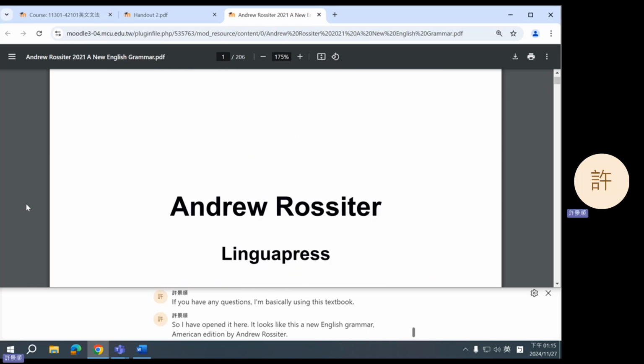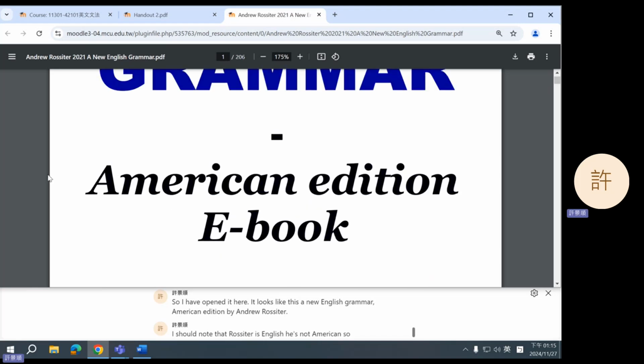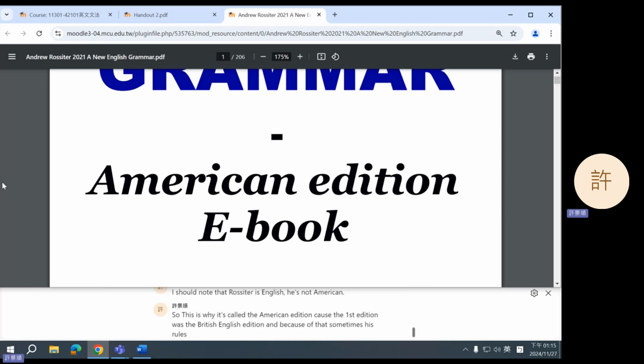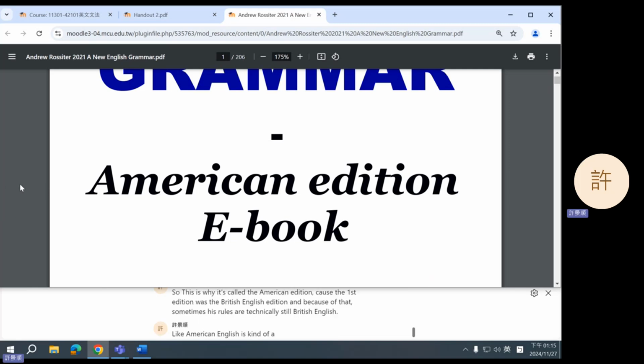I should note that Rossiter is English. He's not American. So this is why it's called the American edition, because the first edition was the British English edition. And because of that, sometimes his rules are technically still British English. Like American English is kind of a foreign language to him.